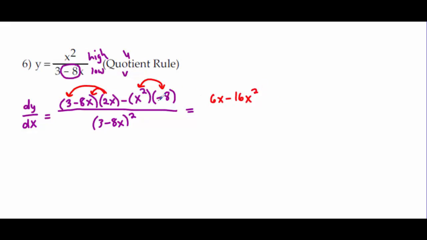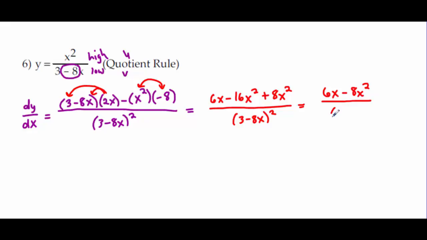Negative x squared times negative 8 is a positive 8x squared over 3 minus 8x squared. So I'm going to add my x squareds together and get 6x minus 8x squared over 3 minus 8x squared.